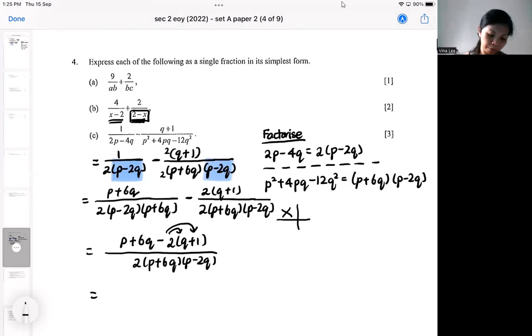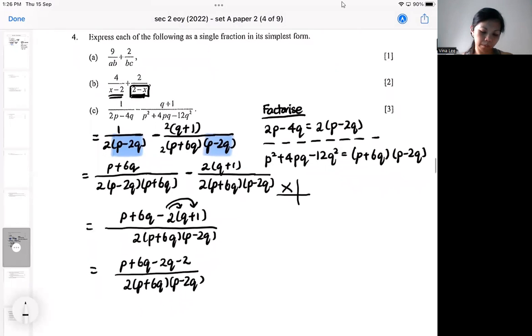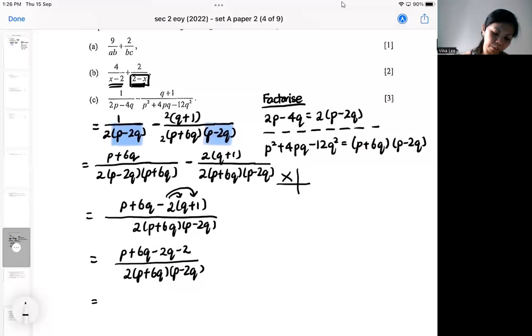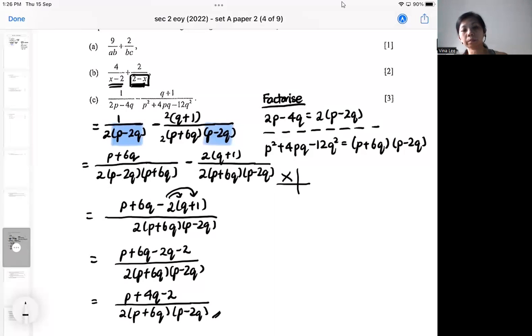So you just have to be very careful. So you will get p plus 4q minus 2. So in the numerator, you are no longer able to factorize. So there's no more cancellation.